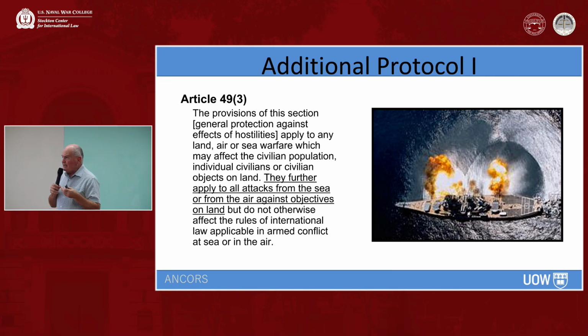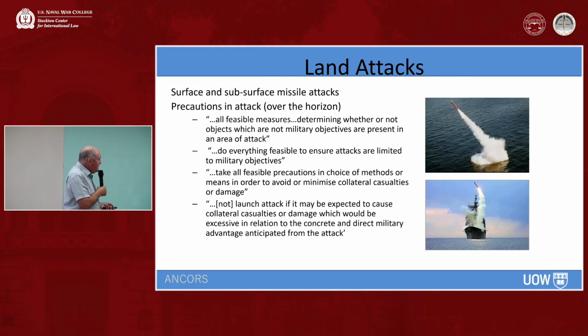And what that is recognising is that there are legal requirements and legal issues that arise at sea that are different and have different considerations to those that apply on land. So, what types of things do you have to be considerate of for land attacks?